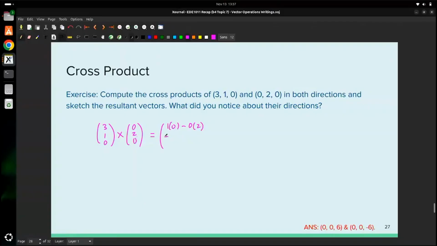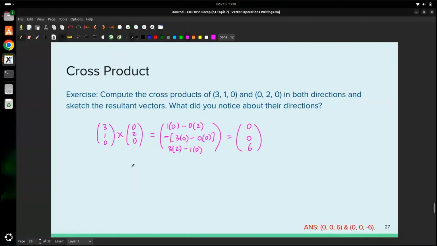Second row, I must put a minus first, then bracket, 3 times 0 minus 0 times 0. Then third row, cover the last row: 3 times 2 minus 1 times 0. So what's the resultant? Compute this, and you're going to have (0, 0, 6). Is that right?